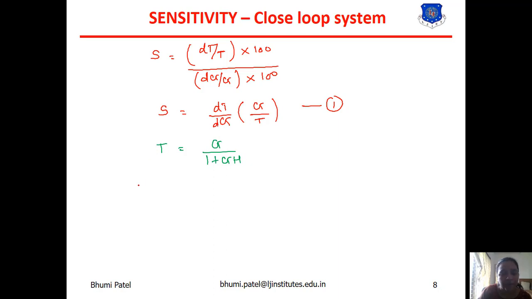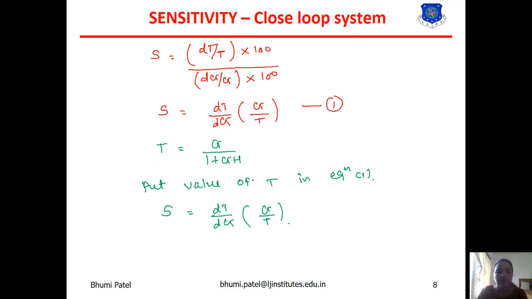So we put the value of T in equation number 1, and we get sensitivity S equal to dT by dG upon G by T. Here we first differentiate T. So we get dT by dG is equal to d by dG of G upon 1 plus GH.